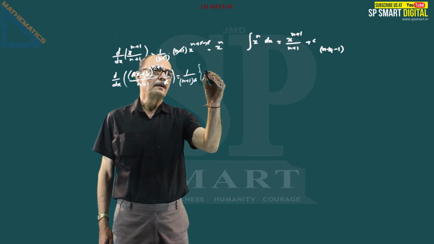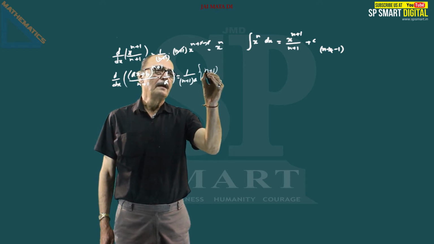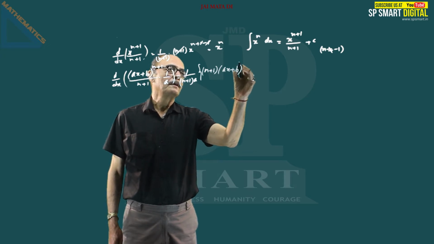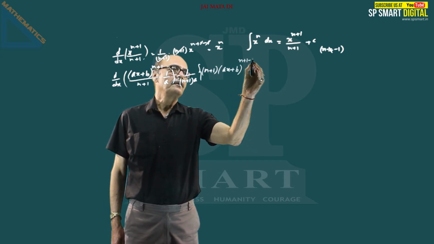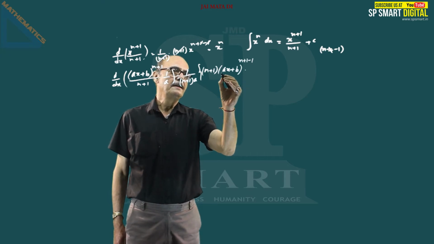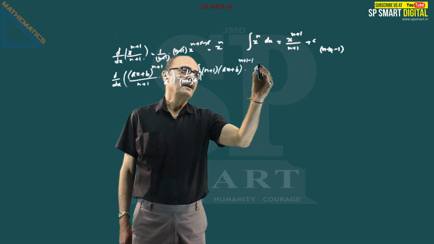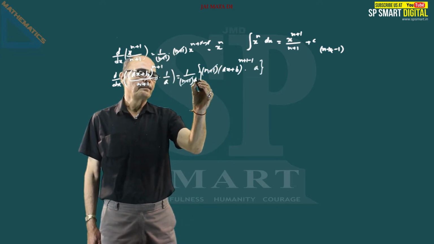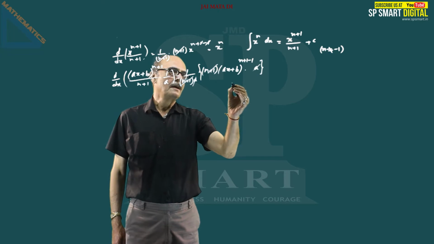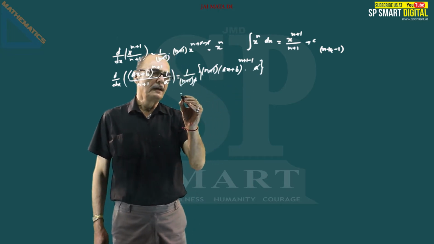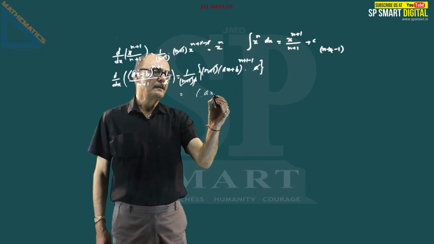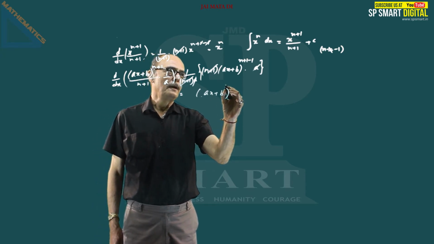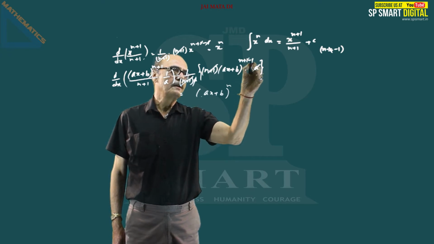So, this is n plus 1 into ax plus b raised to power n plus 1 minus 1 and then derivative without power, that is a. This n plus 1 gets cancelled with this, a gets cancelled with this, and we are left with ax plus b raised to power n. This 1 and 1 gets cancelled.